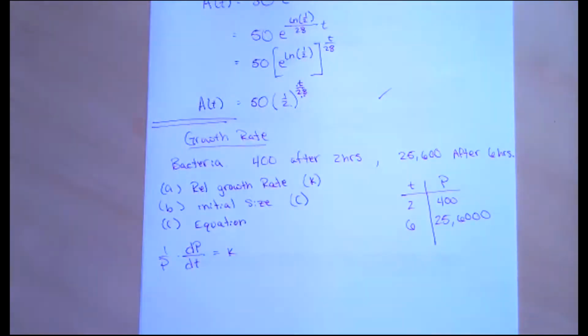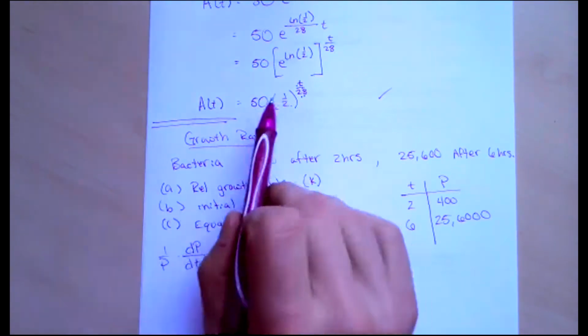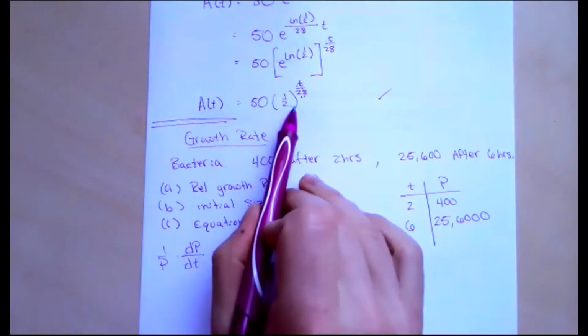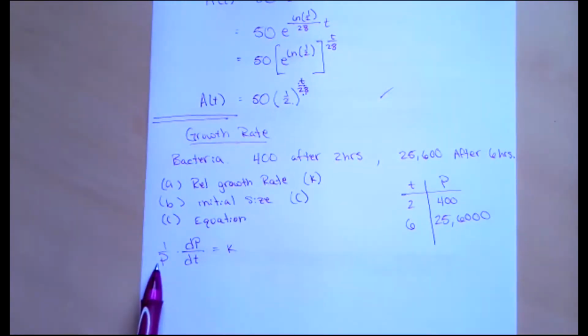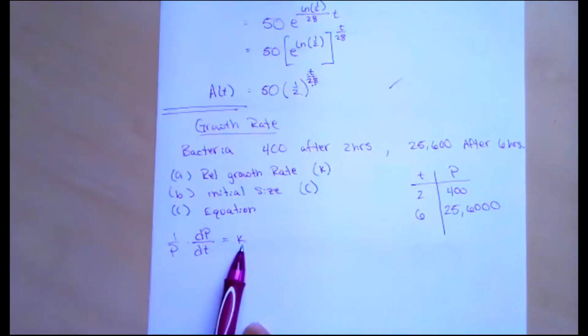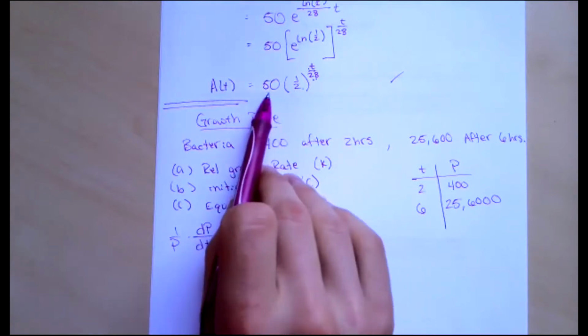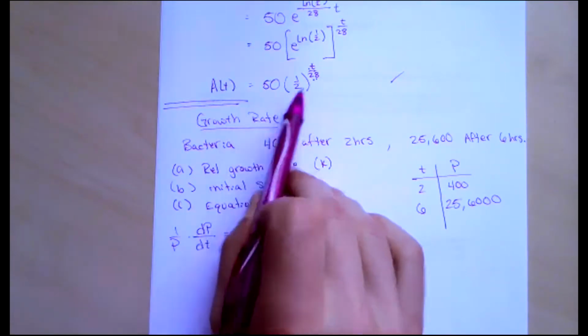How would we find that K? Well, you would take a derivative and then divide by the original amount or the original equation, and then you will solve for your K. So that's one way you can reverse engineer the relative growth rate based on an equation if we are initially given the equation.